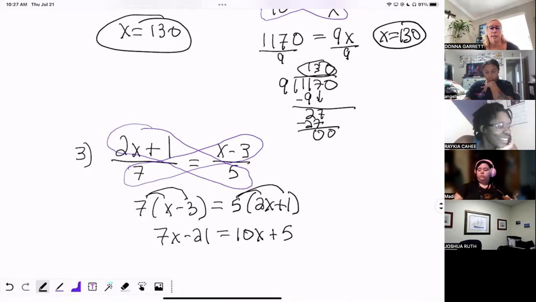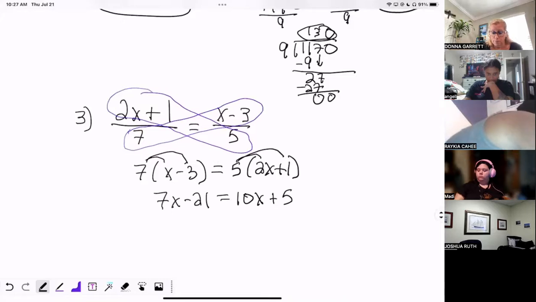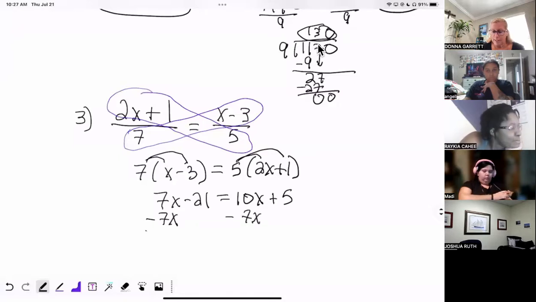Very good. Okay, so now we have a regular algebraic equation. So we're going to solve for x. I don't know if I've told you this or not. I think I have. But when you have variables on both sides and numbers on both sides, I highly suggest that you always get your x's together first. Subtract 7x, subtract 7x. Why did I subtract 7x?